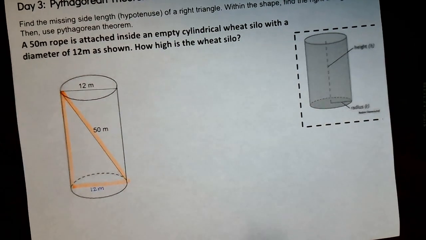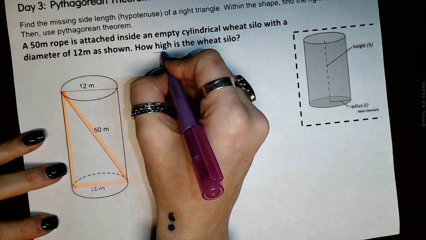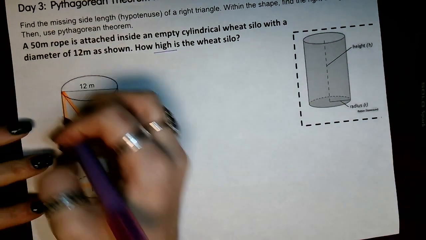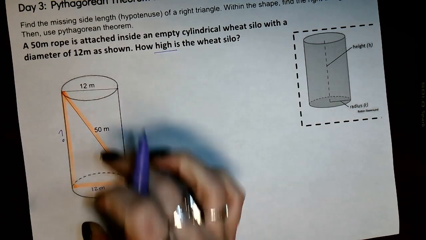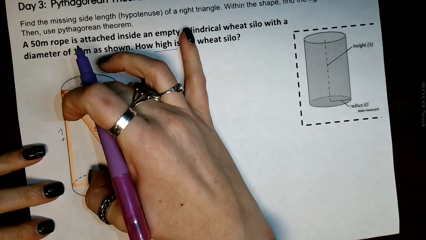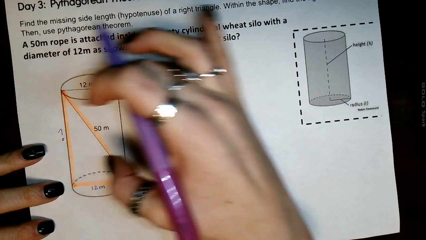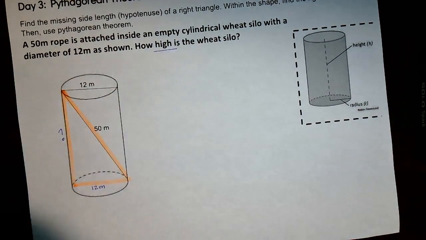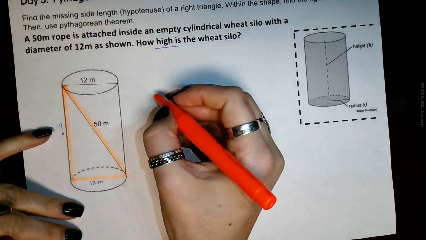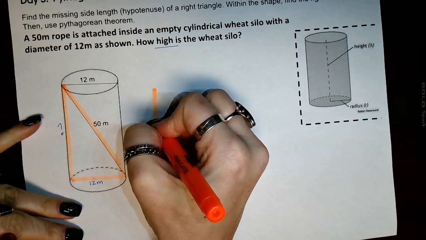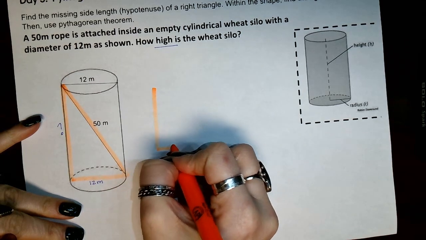What you're trying to find is how high the wheat silo is, so our unknown value is this here. I'm going to pull out this right triangle and put it over here onto the side. This is exactly what is inside of that cylinder at the moment.